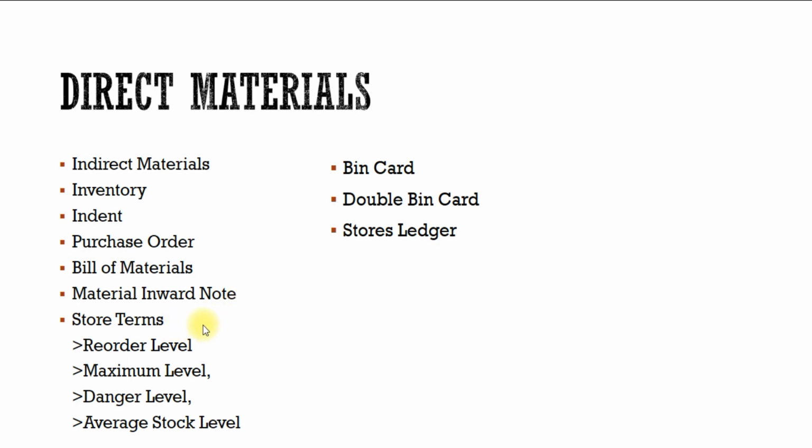Next, we'll take a look at the store terms. Stores, which are there with the factory, are where the inventory, raw materials, components, finished goods, etc. are kept. The following terms are valid in the context of stores. First one is reorder level. So what is reorder level?